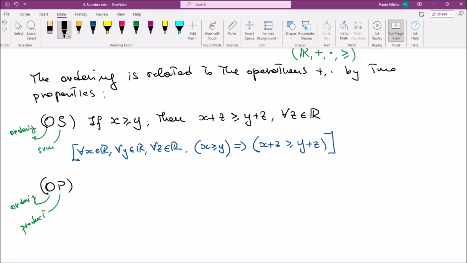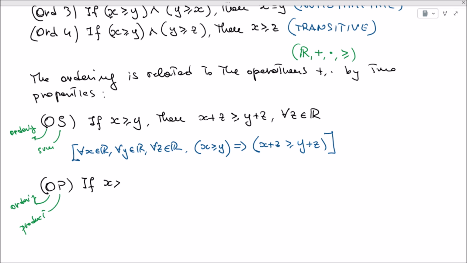So this second property says that if x is larger than or equal to y and z is larger than or equal to 0, then we have that x times z is larger than or equal to y times z, and this has to hold for every z that belongs to R0, basically the positive real numbers.